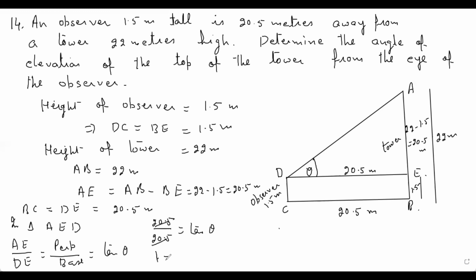It means 1 is equal to tan θ. So tan θ is equal to 1, which is equal to tan 45°. It means θ is equal to 45°. So the angle of elevation of the top of the tower from the eye of the observer is 45 degrees.